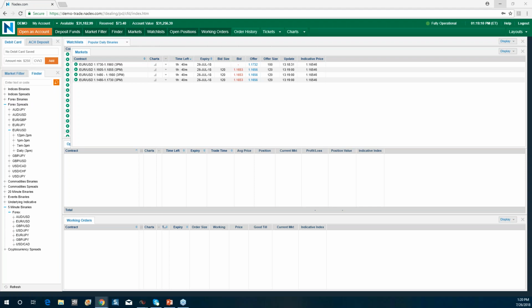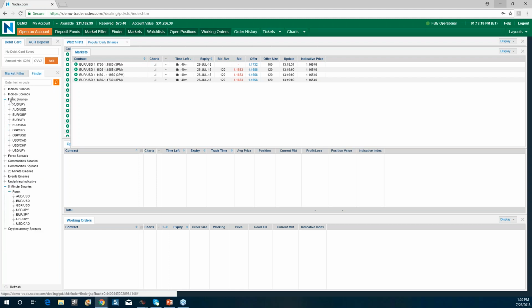Okay. And again, in addition to all the lower risk, the one thing I love about Nadex is just what I went through there. All of the different options available. So if I'm trading a trend strategy, a scalping strategy, a range-bound strategy, a chop day strategy, whatever it is, I've got options.